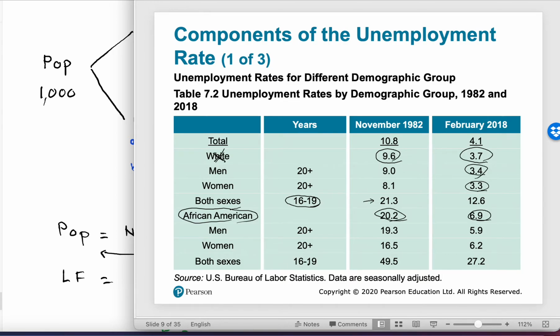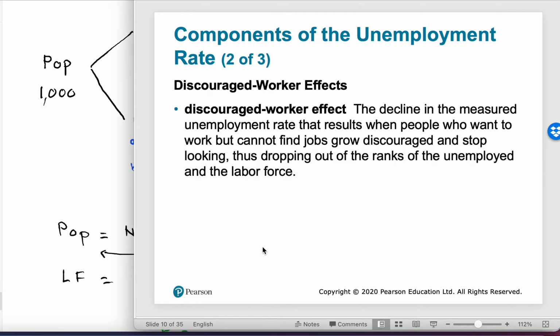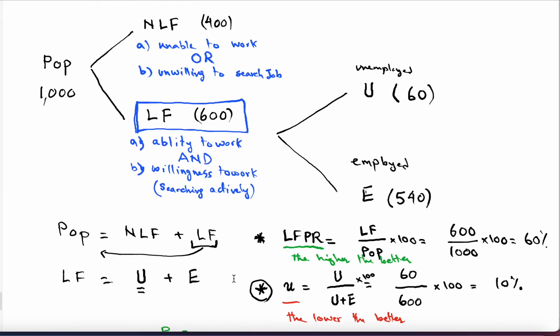So in the US, they make this decomposition between men or women, both sexes, etc. Another way of breaking down, which helps to better understand the unemployment rate: we should not consider the unemployment rate very mechanically, because this is a number. And how is it reflecting the truth about unemployment?